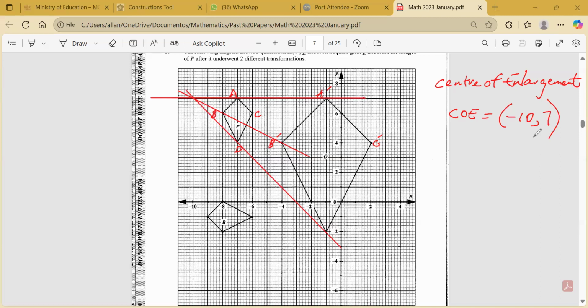and your scale factor. Now, I want to show you one more thing about how to find your scale factor. Now, we use the length of the corresponding sides. Now we are going to use the distance of the center of enlargement, which is your COE.